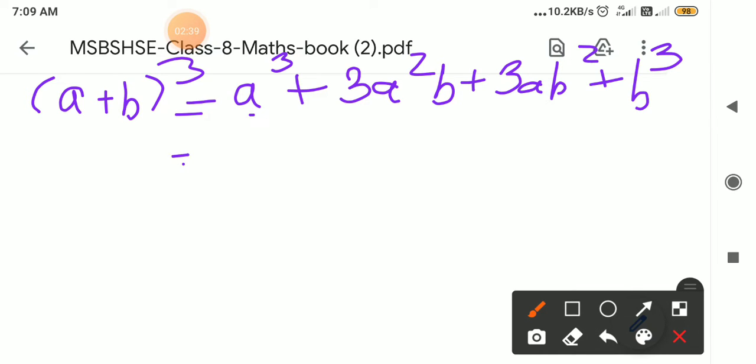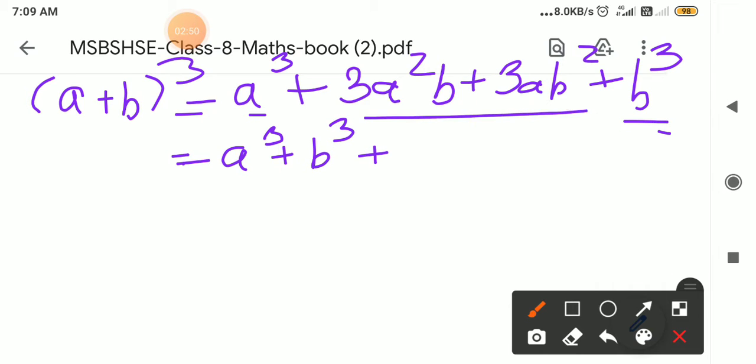So here a cube and b cube they wrote forward: a cube plus b cube. Now if you see, in these two terms, 3a square b and 3ab square, 3 is common, a single a is present in both, and a single b is common in 3a square b and 3ab square.